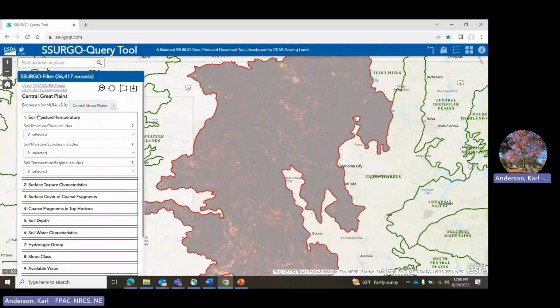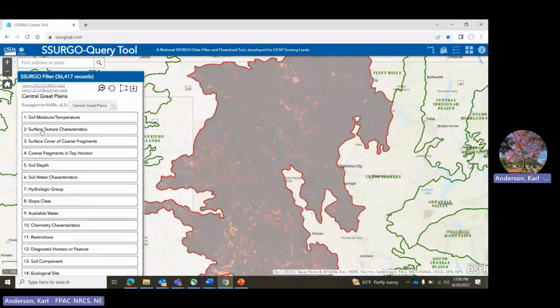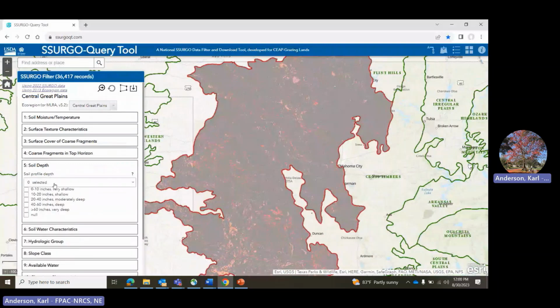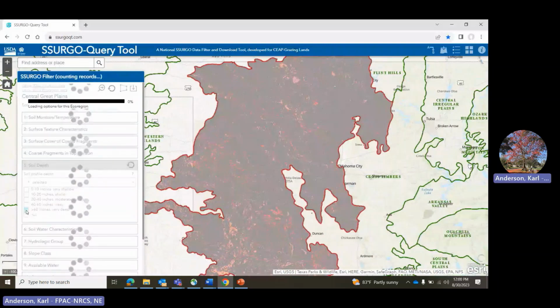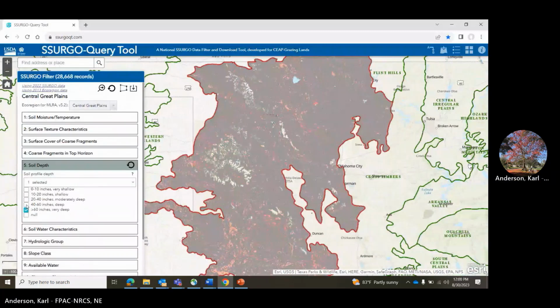So that's where we'll get into soil textural class. There's a lot of different things at play here, but one thing you may look at is where are your deepest soils. You can see where maybe some of our less deep soils are here.